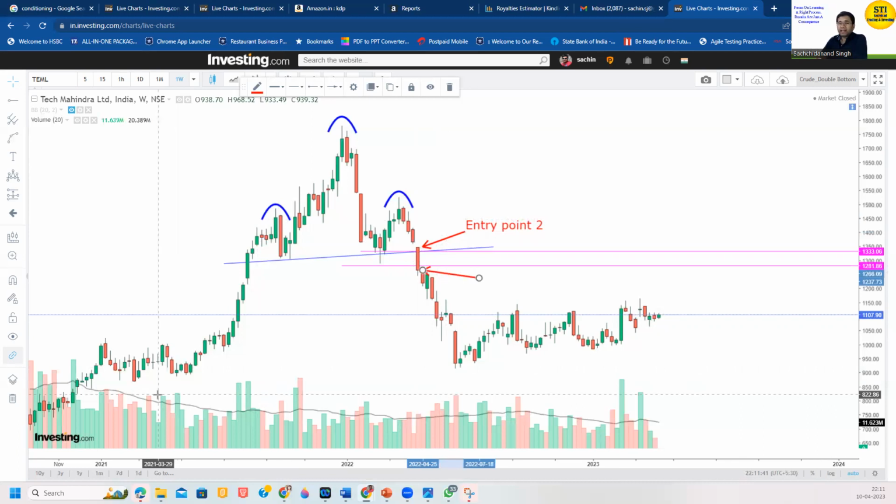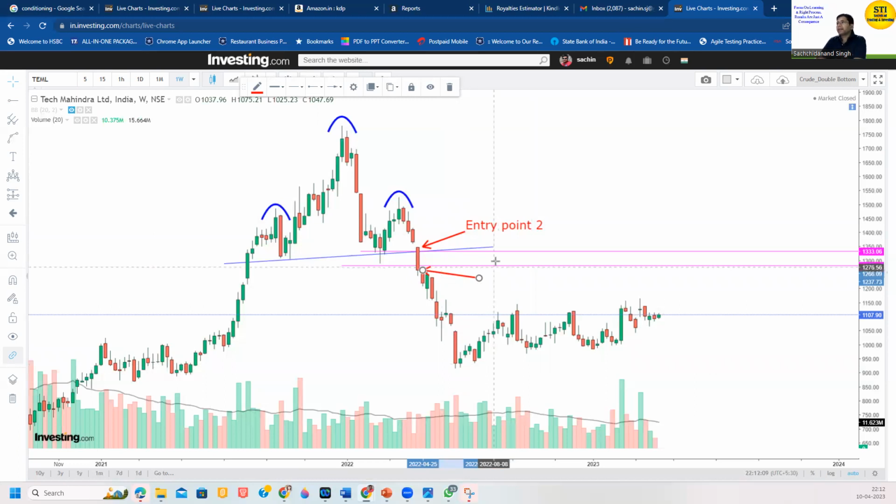So you are selling at the lower price. However, in the second example, entry point 2, the price point is 1333. So you are selling at more than 50 rupees higher, and that means you are going to make more profit. You are selling high first and then buying it later on, so you are getting 50 rupees of additional profit.